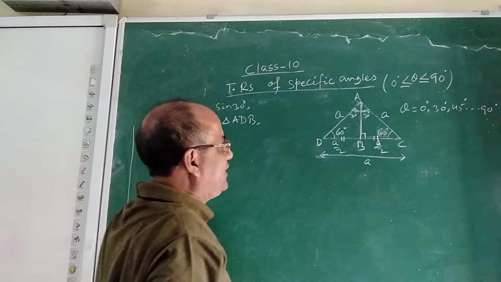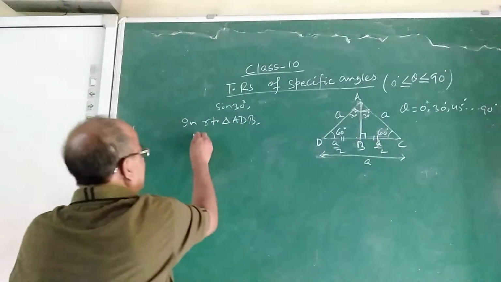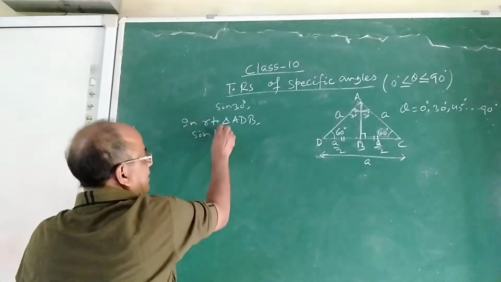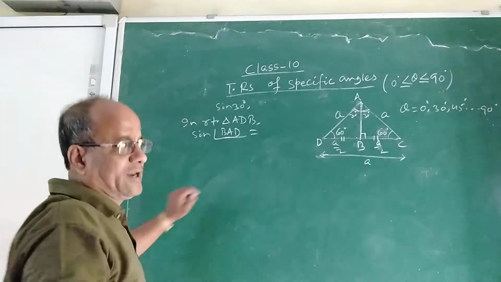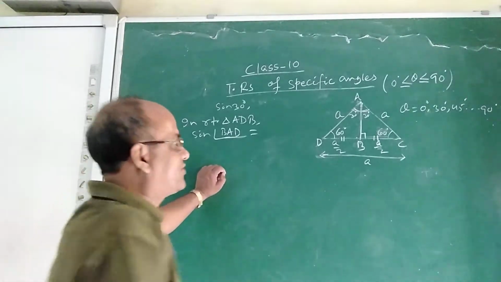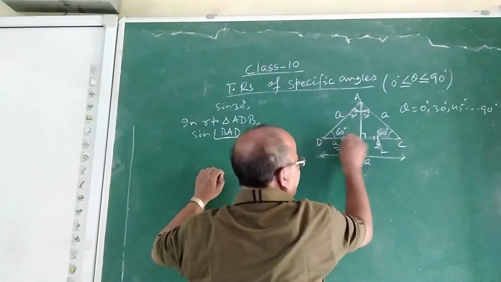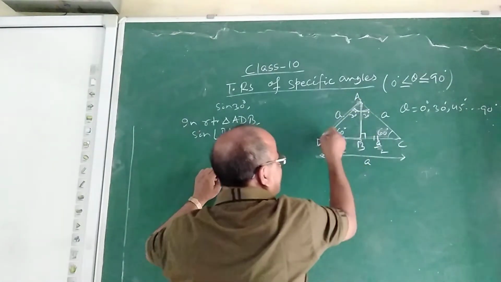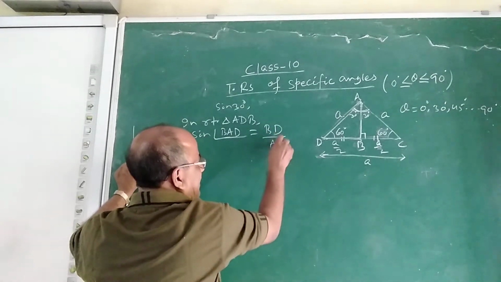Angle BAD is 30 degrees, so take the sine ratio, sine of angle BAD. You know the formula for sine theta is P by H, perpendicular by hypotenuse. So sine BAD will be BD divided by AD.